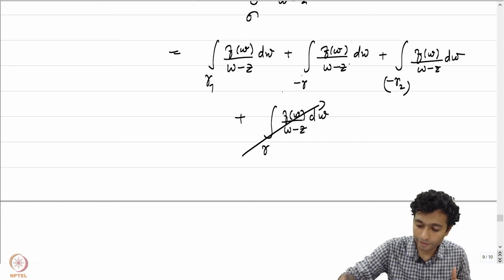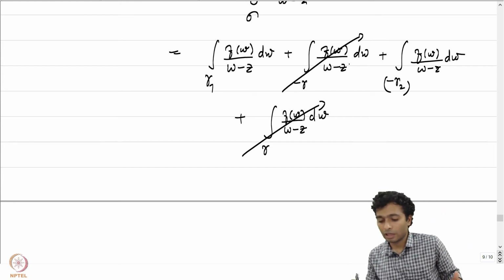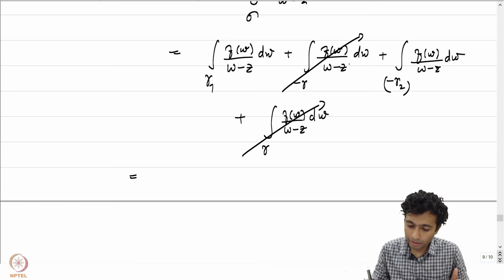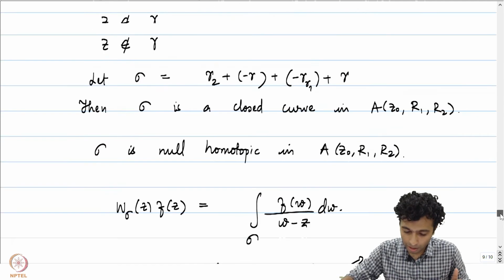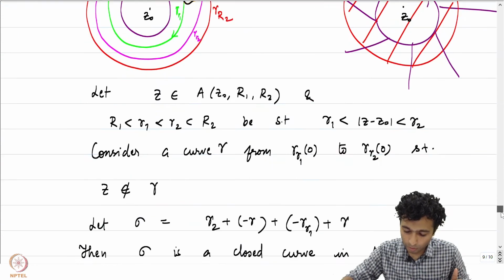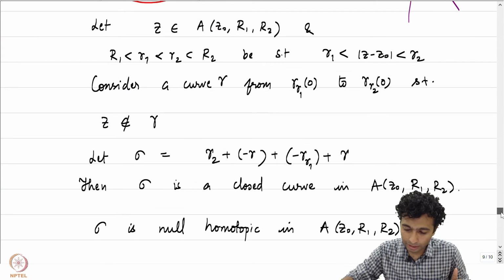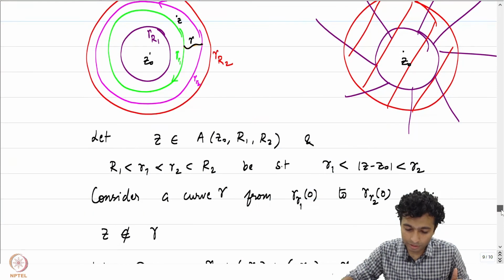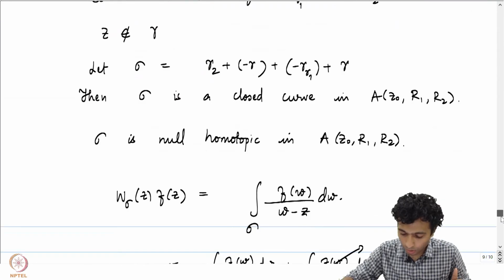This will cancel off with this being the inverse, and the first one is basically gamma 1, or rather gamma r1, I should be more precise. So when I wrote gamma 1, it's just gamma r1, and gamma 2 is just gamma r2.